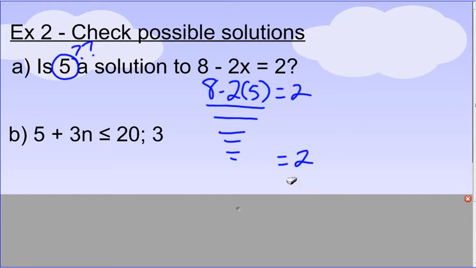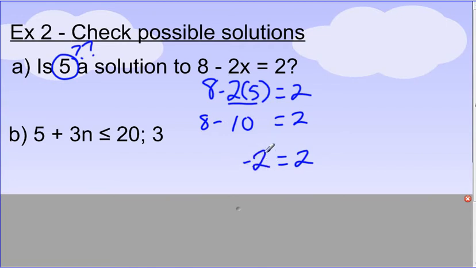So let's see. If we do our order of operations, we'd multiply first and get 10. Write down the rest of the problem. 8 minus 10. 8 minus 10, for those who don't remember, is actually negative 2, because if you have 8 of something and you take 10 away, you are now less than 0.